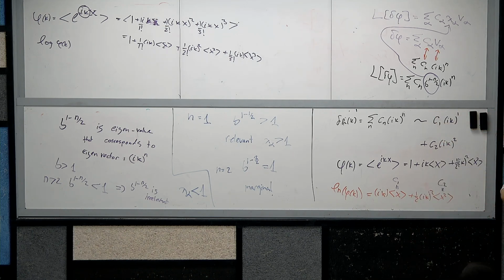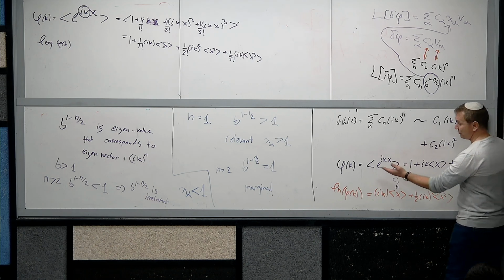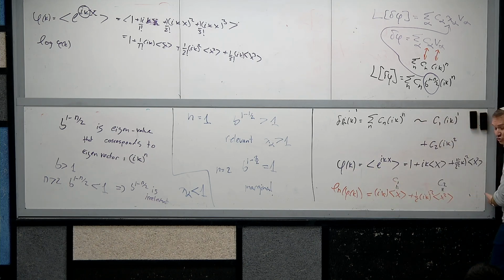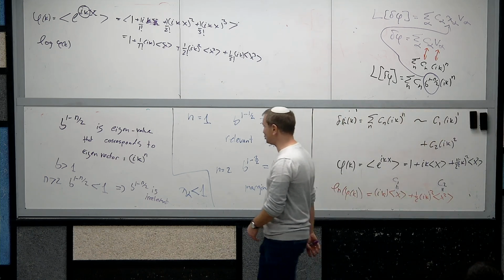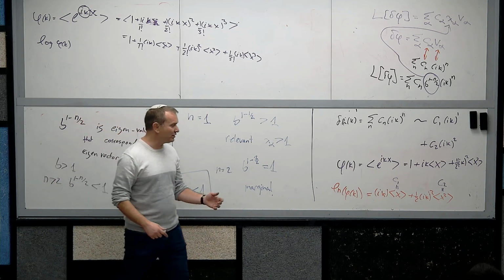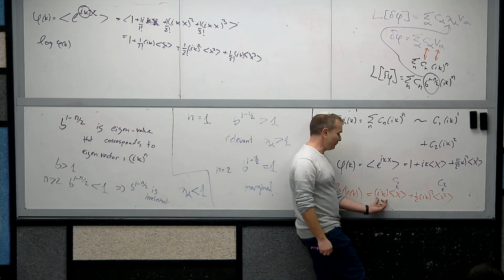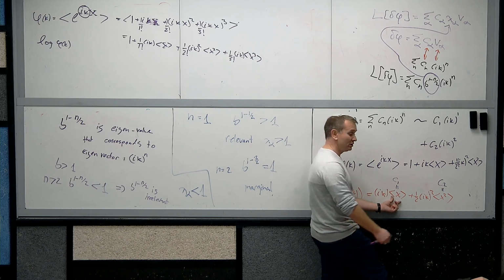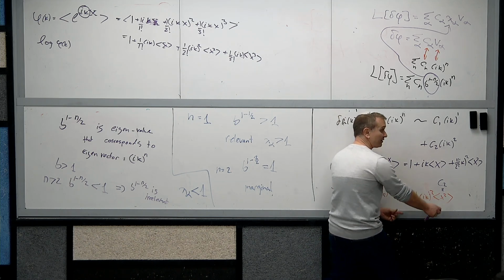Anything else that I have in my phi of k, all the other expansions, all the different other cumulants, are completely irrelevant. Why? Because successive applications of the RG will erase them. So the only thing that matters is the first part, the average, and the second part, the variance.